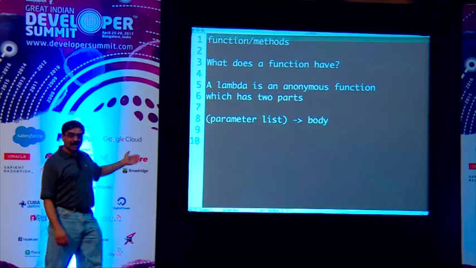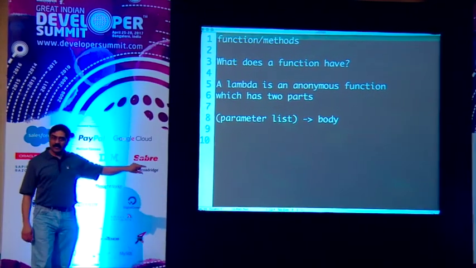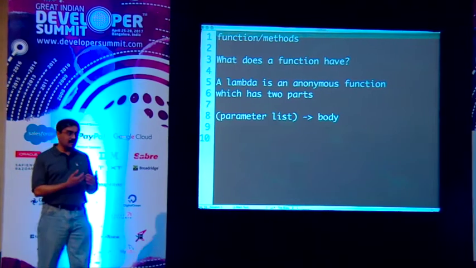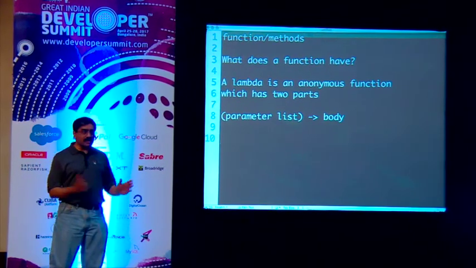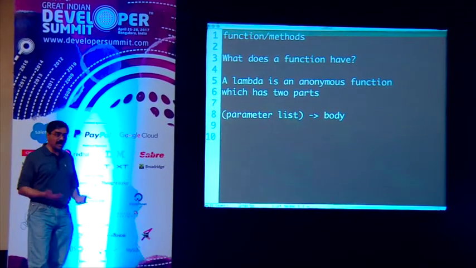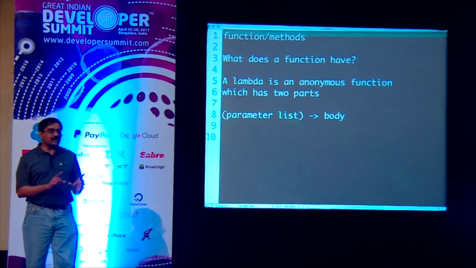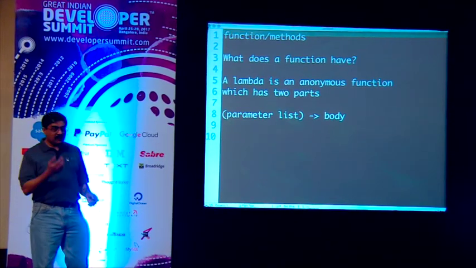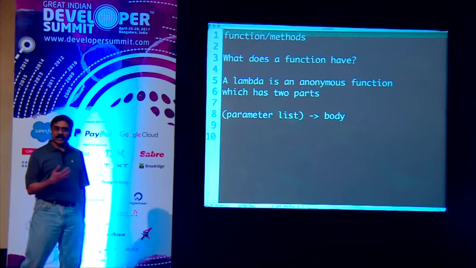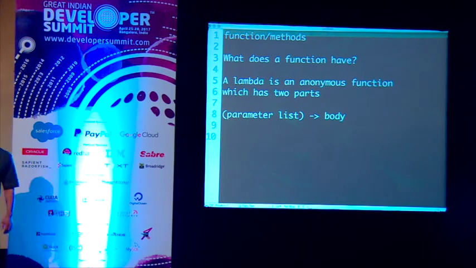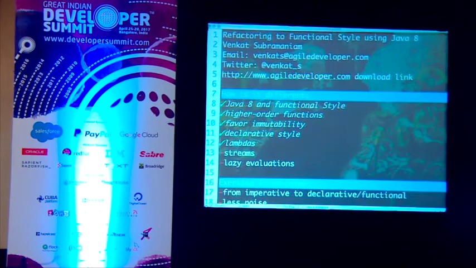So you have a parameter list and an arrow, and then of course you have the body of the function. It doesn't have any name, it's anonymous. Who cares what the name is? Plus of course the return type is inferred from the context, and as a result you don't have to specify what the return type is. So this is what makes the structure of a lambda expression.